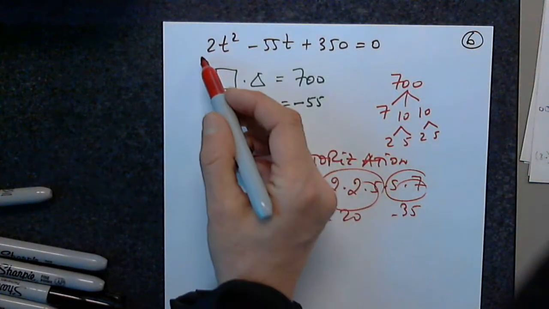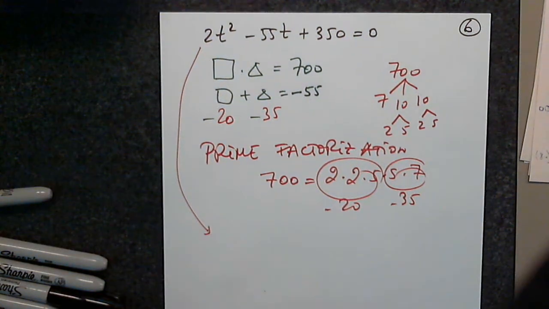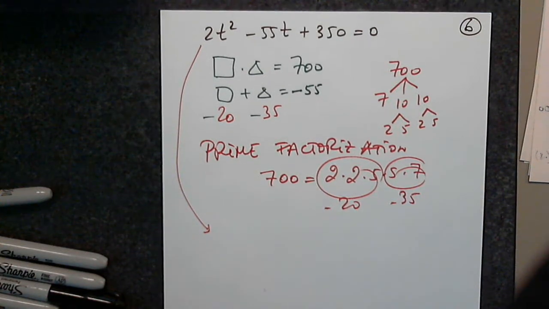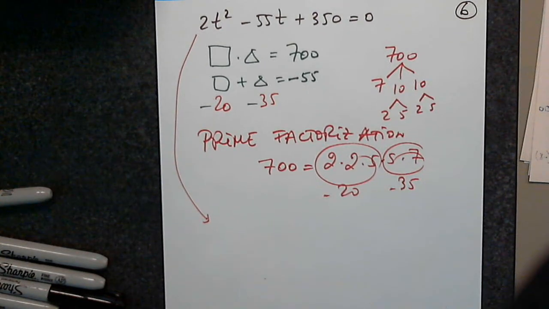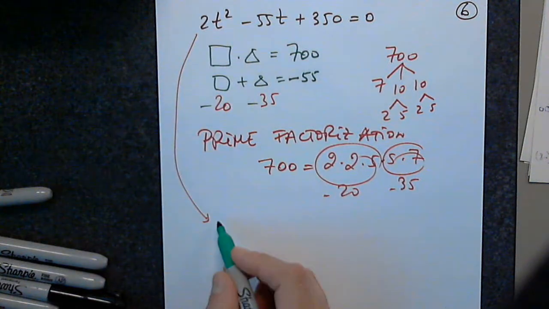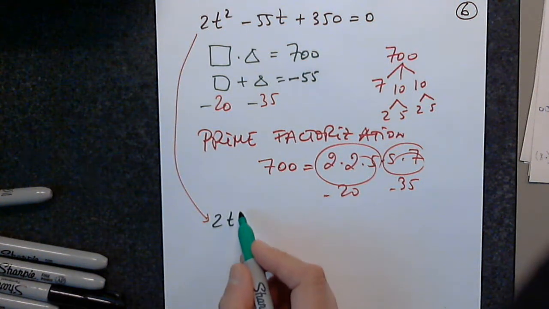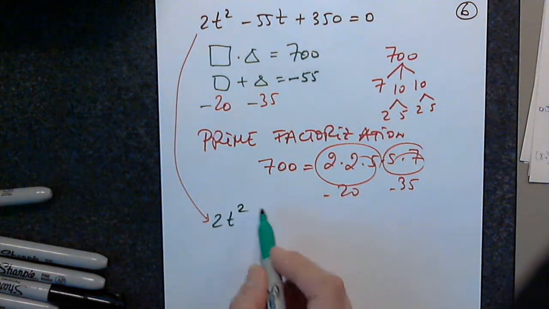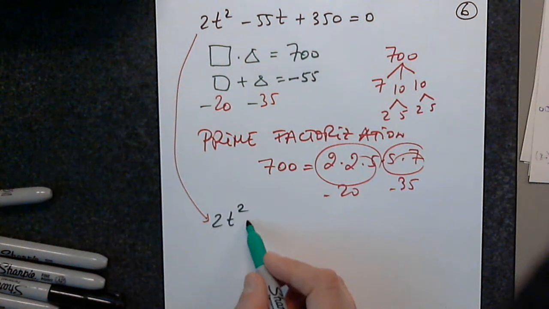So now I go back. Can anyone dictate the new equation? The new equation is? 2t squared minus... Oh, never mind, I'm wrong.